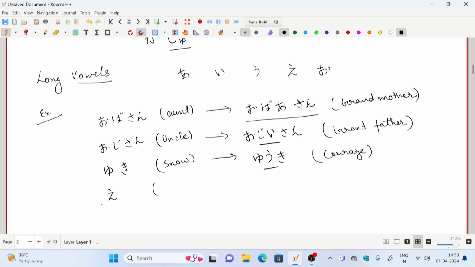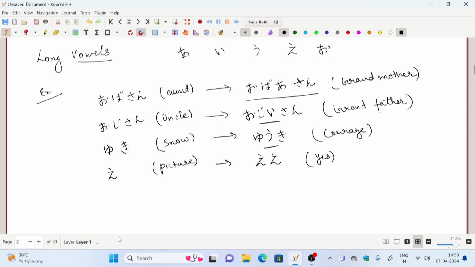A is for picture. So if we stretch a with a, it will become aa. That is for yes. So yes has 2 vocab. One is aa, which is used in conversation most of the time, and second is hai. Hai is also yes. Here we are elongating a with another a to make it aa.